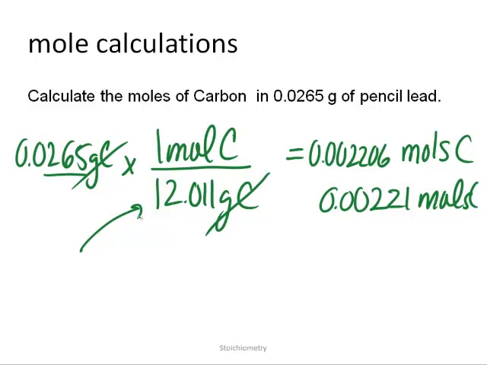So this is 0.0221 moles of carbon. Moles, like any other units, you can use the prefix multipliers that we learned about in Unit 1. So 0.0221 moles of carbon, you can also say that's 2.21 millimoles of carbon.